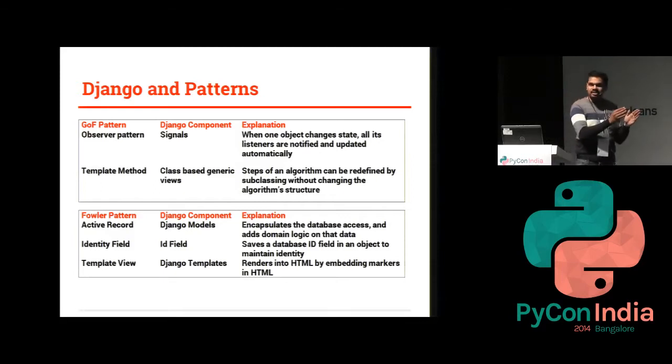We also see the identity field pattern, which is quite straightforward, basically storing the ID. We also see the template view, which is nothing but Django templates. So as you can see, reading the source code of Django helps you understand the various patterns which are used. Of course, if you have the background of what context we are talking about, you'll immediately recognize, "This is the pattern we are using here."